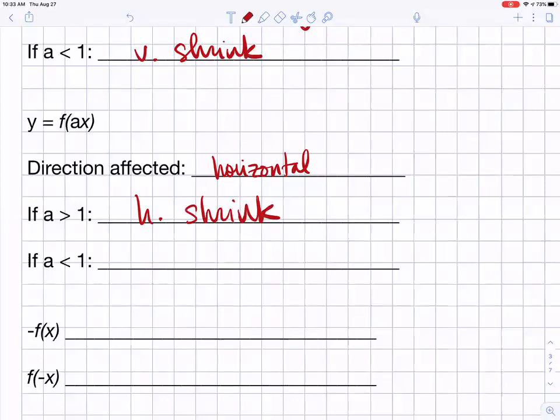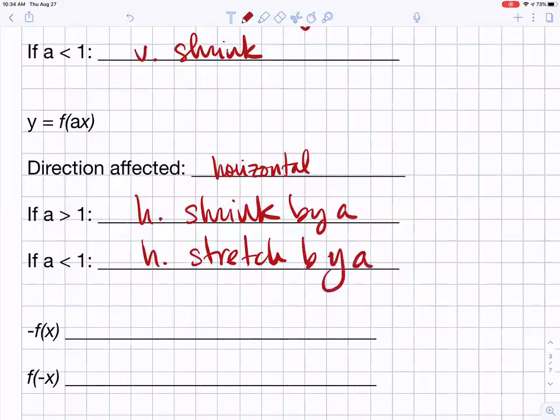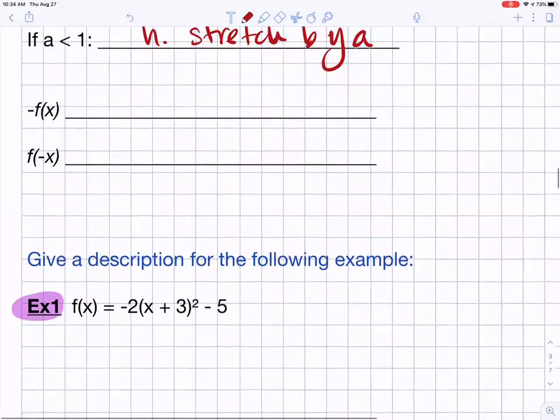And then the last one, when A was smaller than 1, what was happening on either side of me? Yeah, somebody was on both sides of me, pulling me from side to side. It caused it to look wider, but it was a horizontal stretch by A. What did the negative out in front of the parent do to my graph?